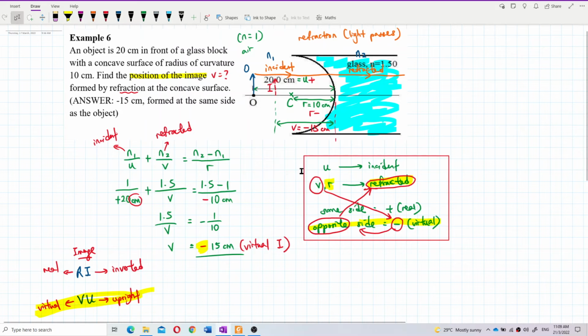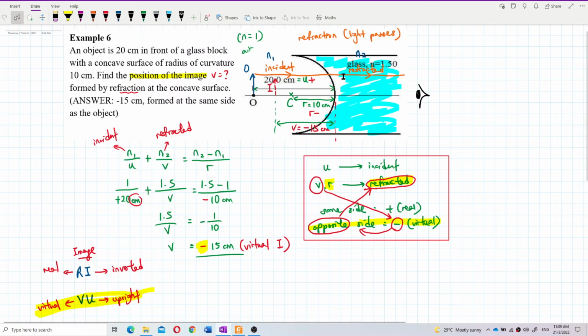Another question. Can we see this image? Yes, of course, we still can see this image. If we are inside the glass, we can see the image. Why can you see the image?